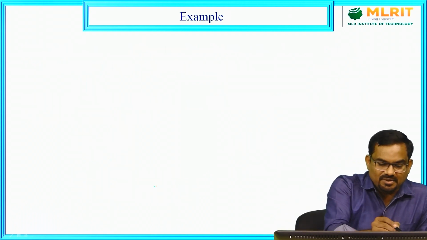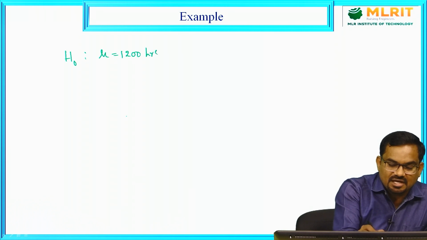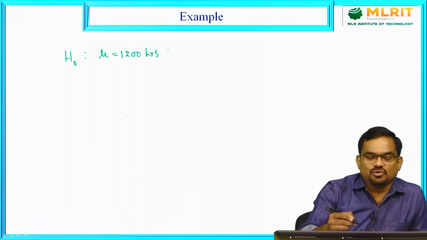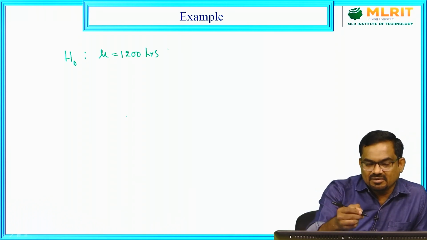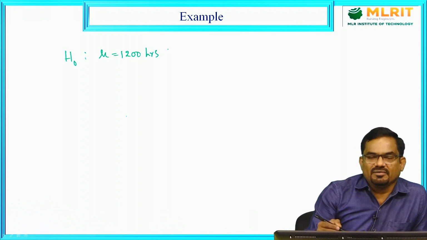As an example, let us consider the null hypothesis H0: mu equal to 1200 hours. For example, a company manufactures tube lights and the manufacturer gave the claim that on an average his product works for 1200 hours.